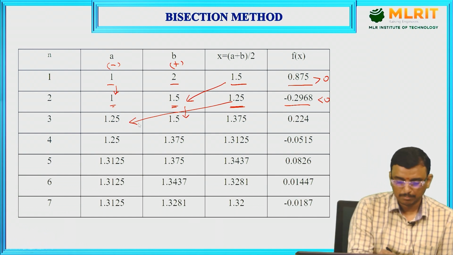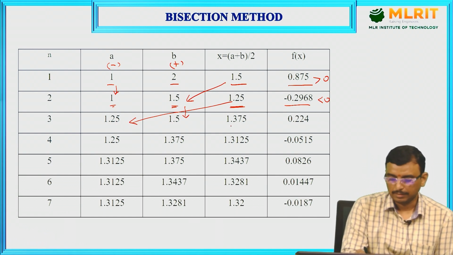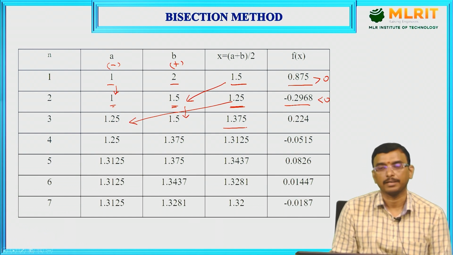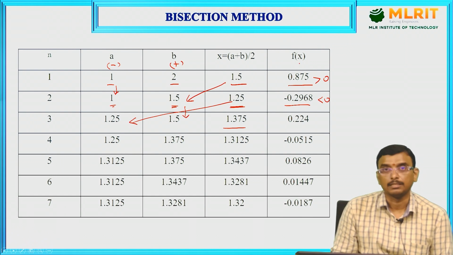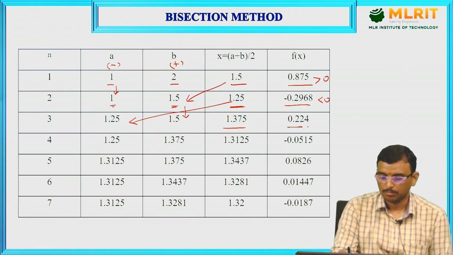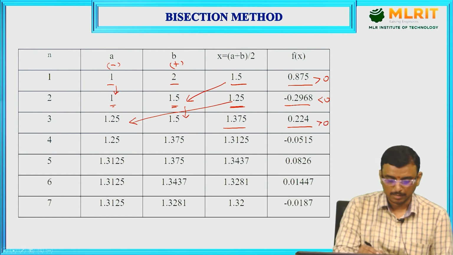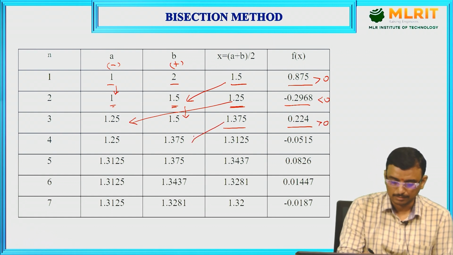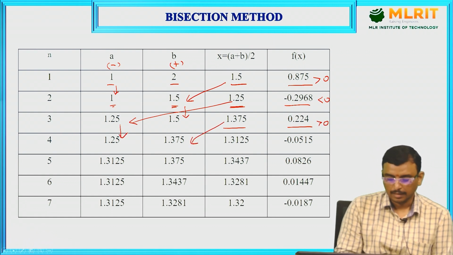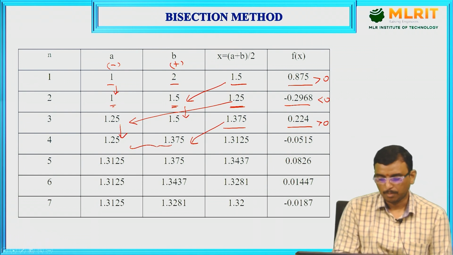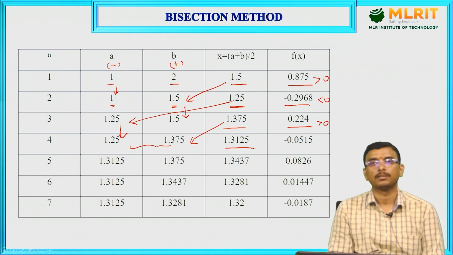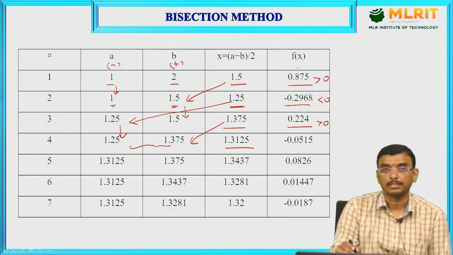Now take the midpoint of these two. So we get 1.375, and substituting this in the given function, we get 0.224. So it is positive. Now replace the positive side value with this value, keep the other the same, and again take the midpoint of these two. So we get 1.3125, and substituting this value in the given function, we get −0.0515, which is less than 0.